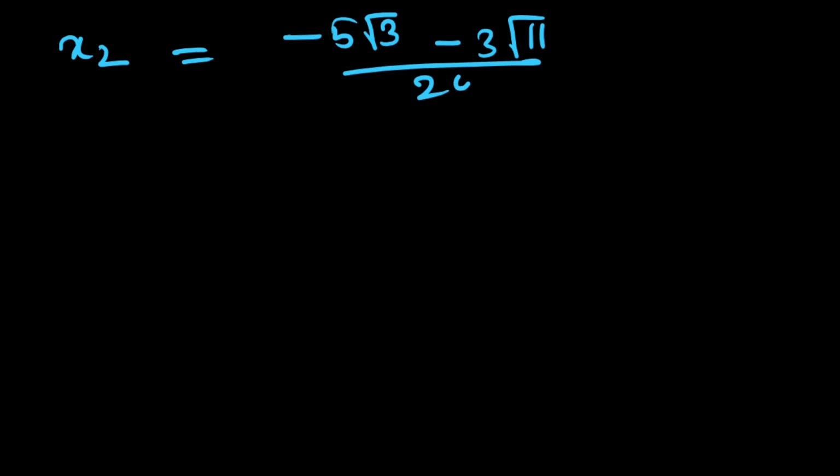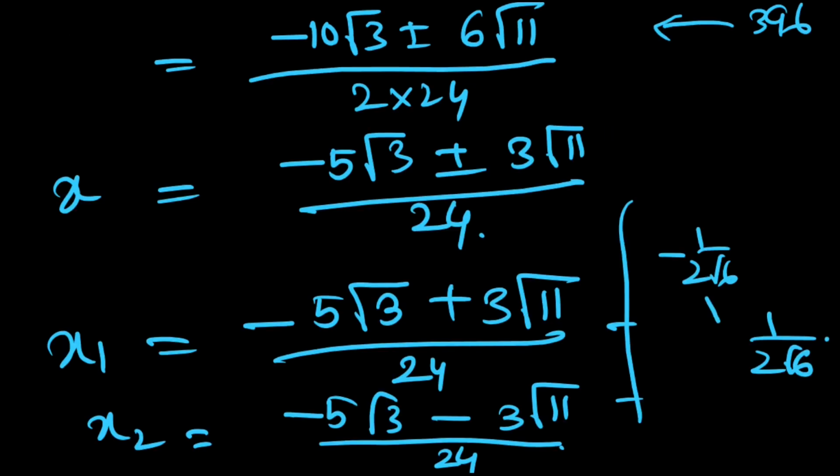First we check x2 is equal to minus 5 root 3 minus 3 root under 11 by 24. In case you know the value of root under 3 and root under 11 and root under 6, put these values here and simplify, we get something, and we check whether this value lies between or not.